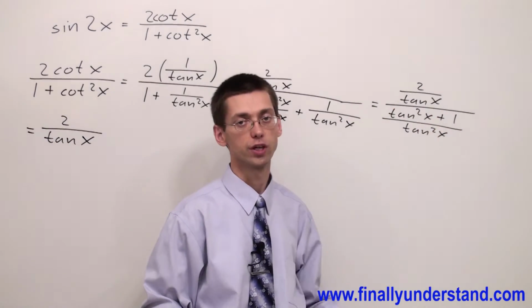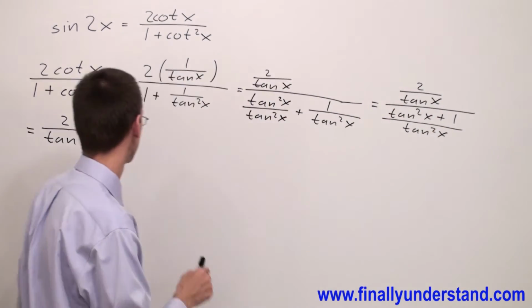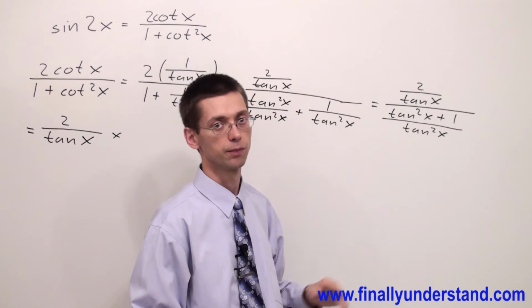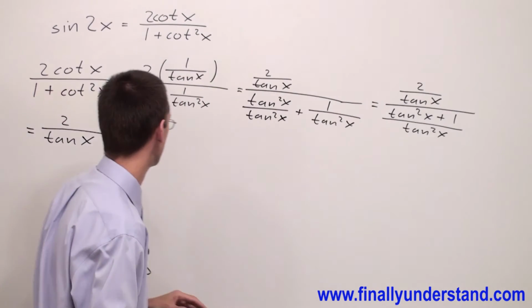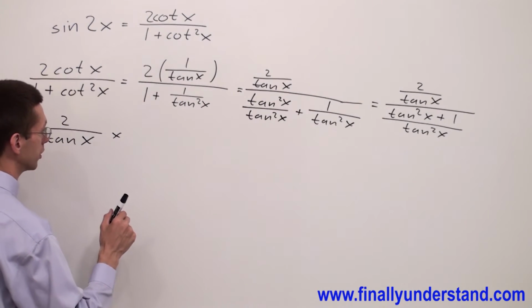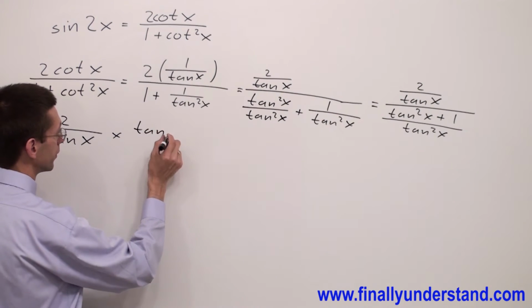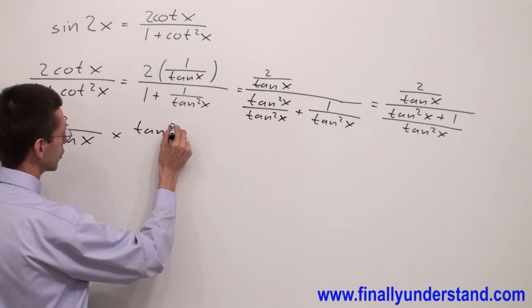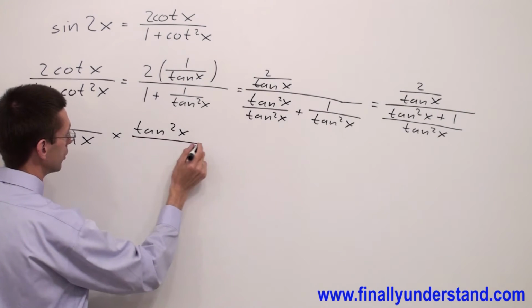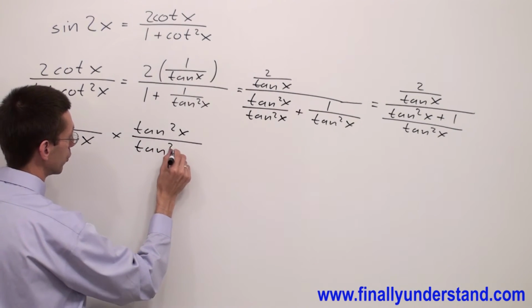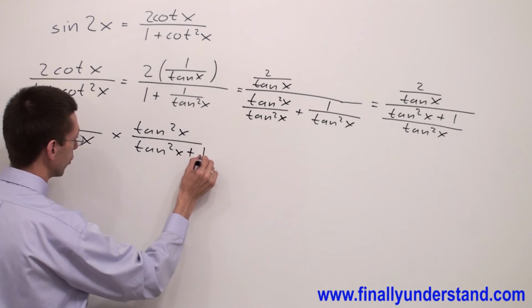Division I'm going to change to the multiplication, and the fraction from the denominator I'm going to flip upside down. In other words, I have to find the reciprocal of the denominator, which is tangent square x over tangent square x plus 1.